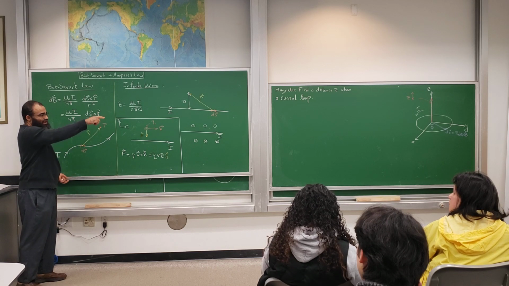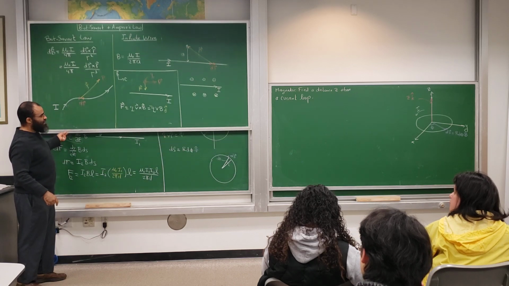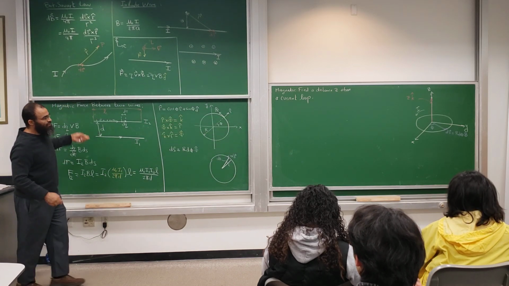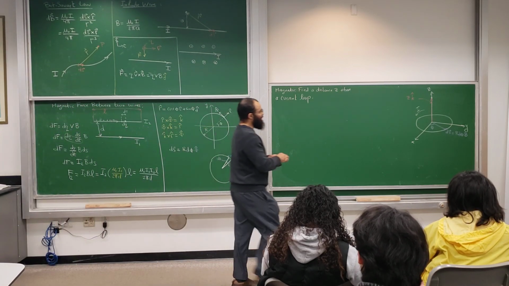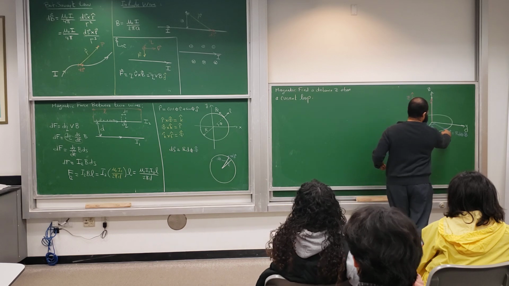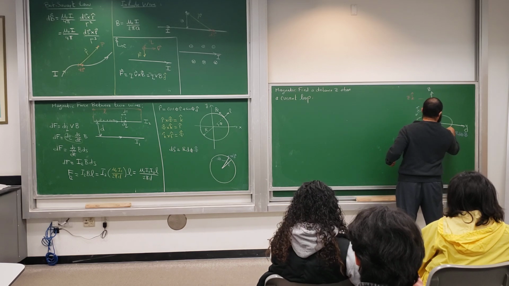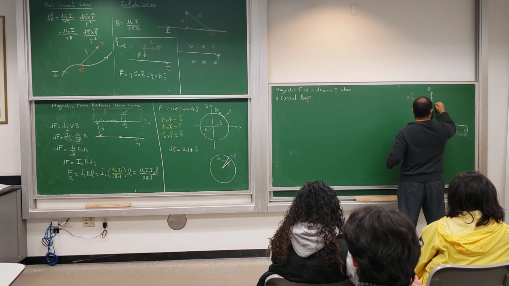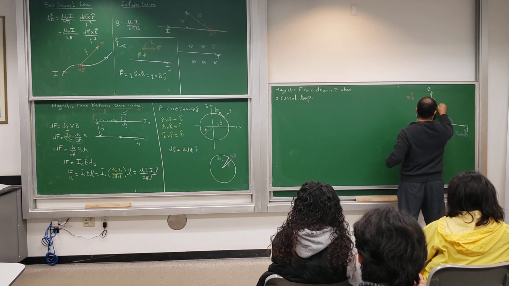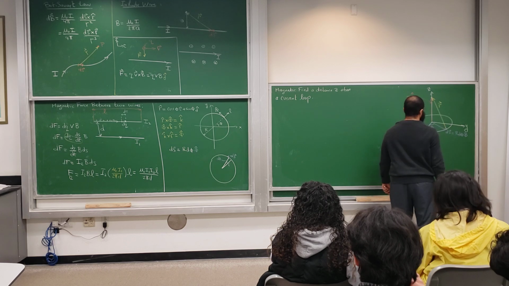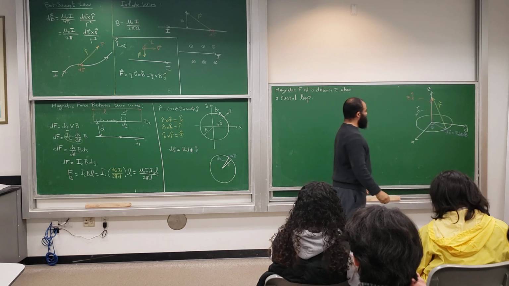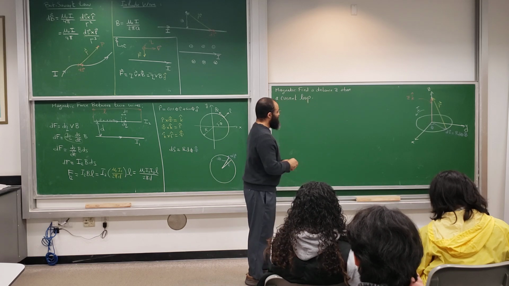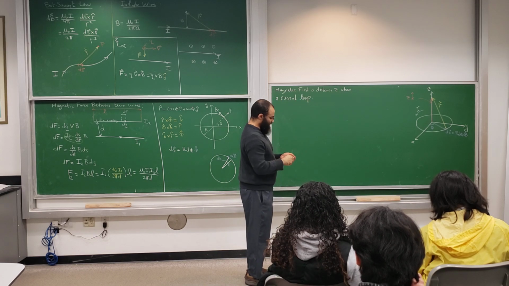So I'm going to draw my vector r now. Here's the vector r. It starts here and ends here. We already found ds; I need to find r.